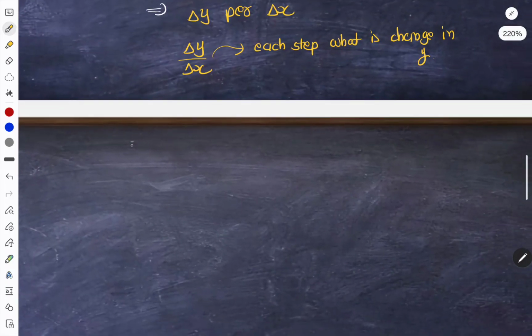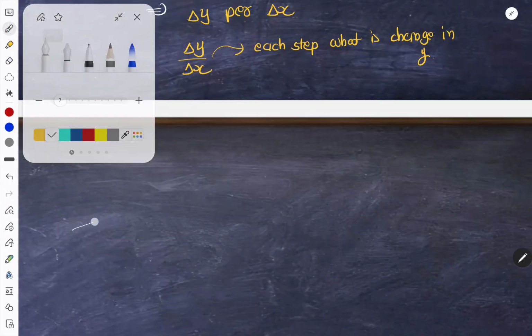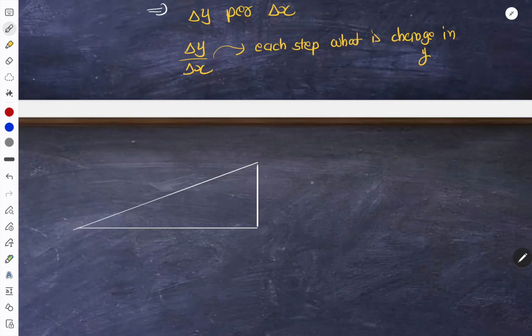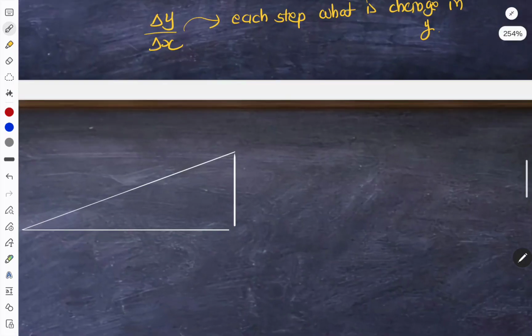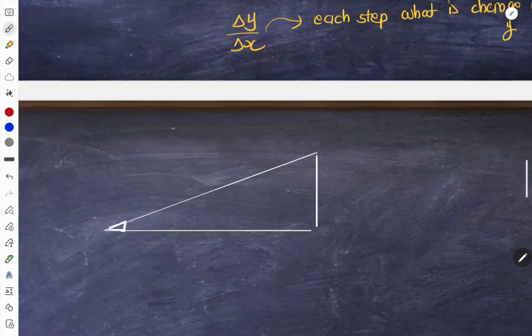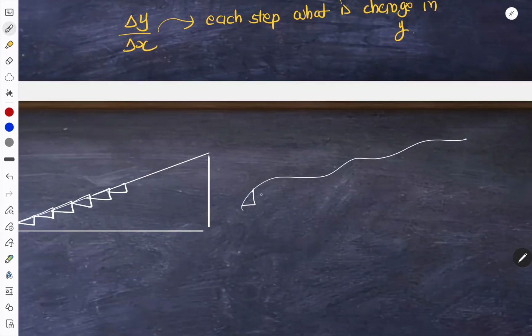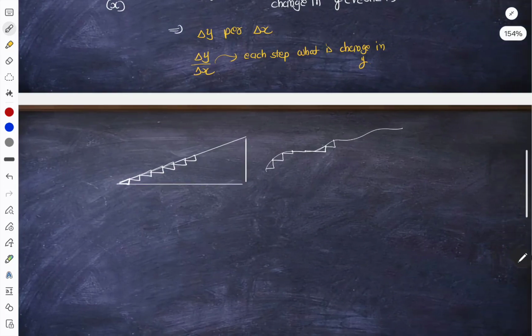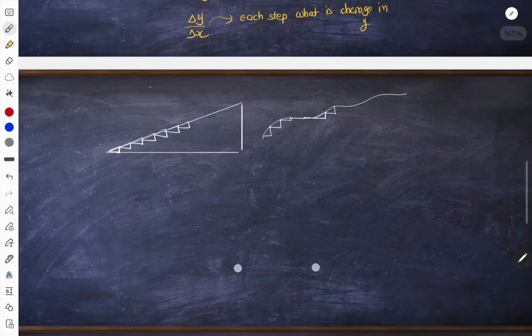If it was the same terrain, then it is very easy: per unit step you will find the same change in every step. But if it is like this, then you will find somewhat different changes.